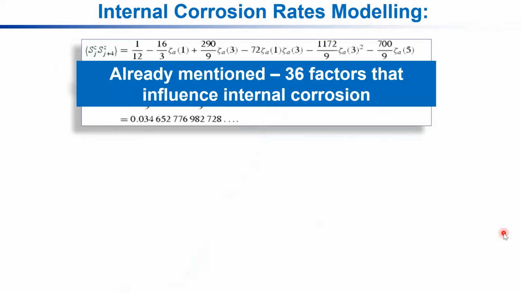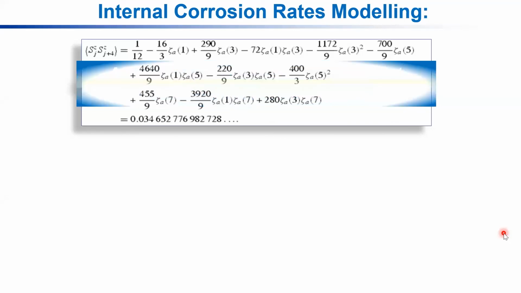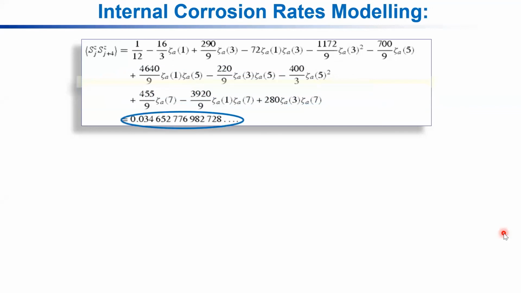We talked about corrosion rate modeling. As I already mentioned, from the point of view of internal corrosion, we have 36 factors that influence internal corrosion. Now I want you to think about this. We have 36 factors. How can you expect that we are going to put 36 factors into a mathematical equation to come up with the magic corrosion rate number?